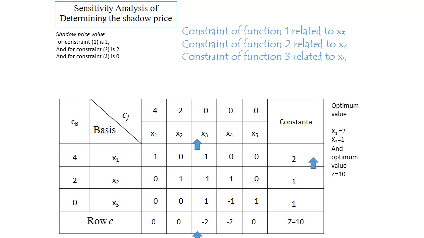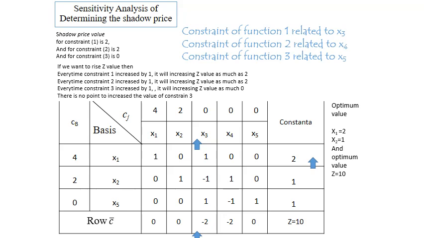So if the constant of constraint 2 goes up by 1, then the z will also go up by 2, which means the shadow price of function 2 is 2.